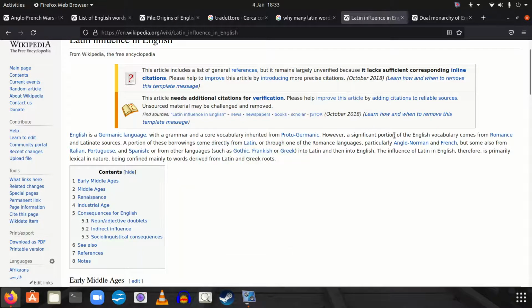However, a significant portion of the English vocabulary, and we have seen that we are talking about 58% or more, comes from Romance and Latinate sources, particularly Anglo-Norman and French, but also the Italian language, the Portuguese, the Spanish, Gothic, etc.